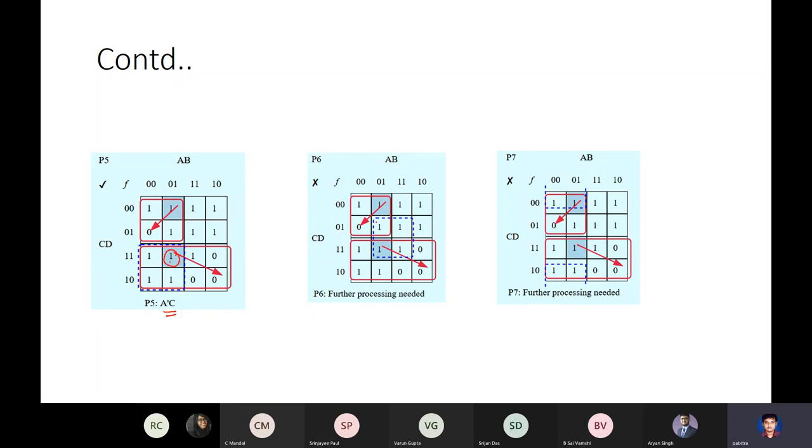Now let us look at this prime implicant. It intersects with both, but it does not contain the starting point of this privileged cube. So with respect to this privileged cube, this is illegal.